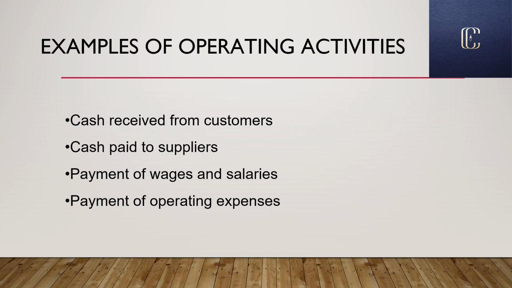Cash received from customers. This is the most common operating inflow. For example, a shop sells goods, and a customer pays rupees 20,000 cash. That is cash received from customers. A coaching center collects fees from students of rupees 10,000.